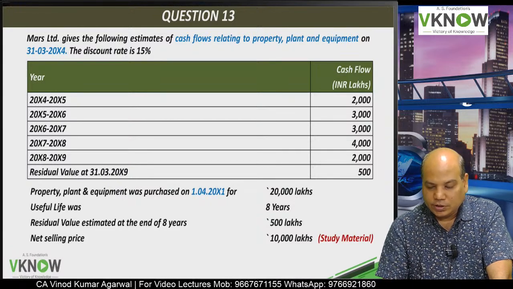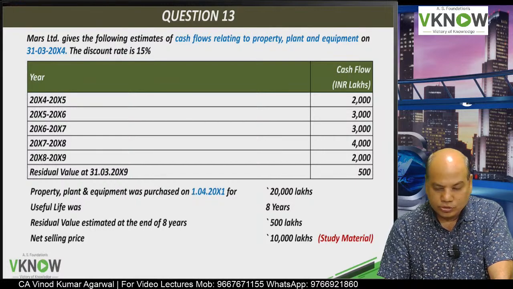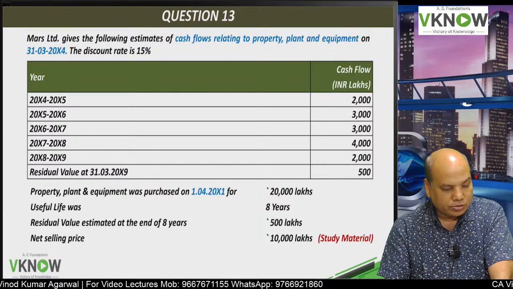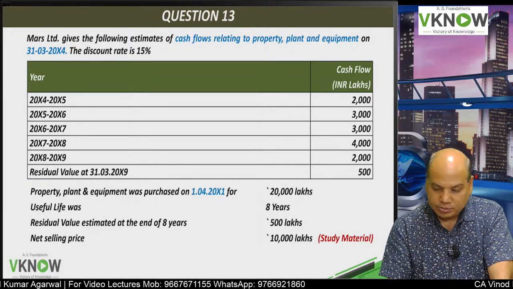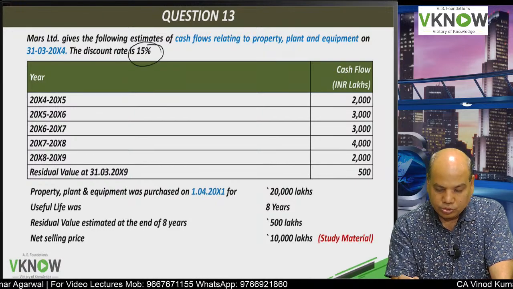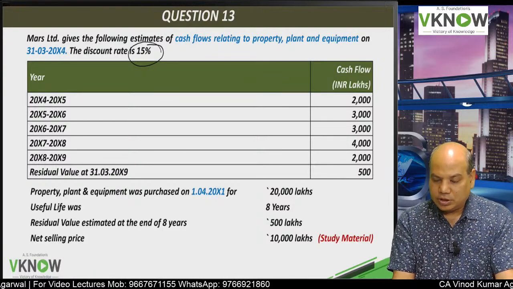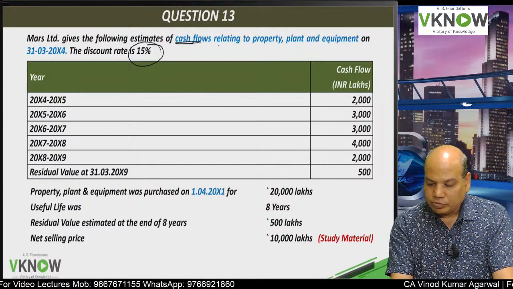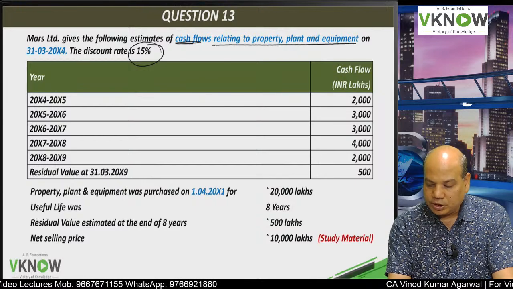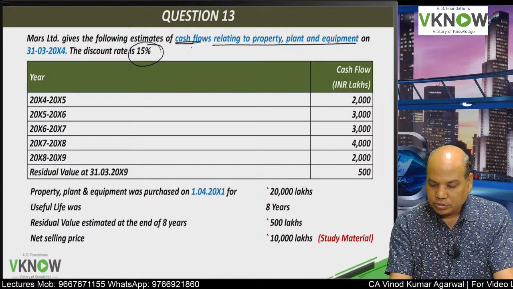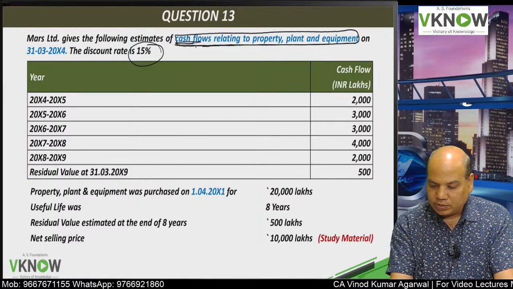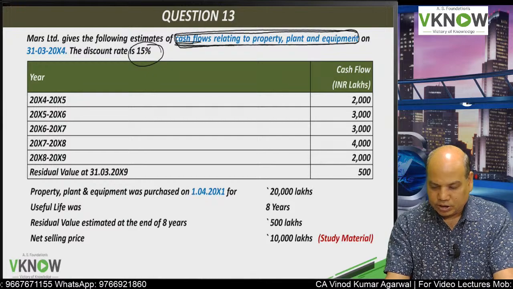Mars Limited gives the following estimate of the cash flows relating to property, plant, equipment on 31st March 20x4. The discount rate is 15%. I am going to use 15% as discount rate, and this is cash flow relating to property, plant and equipment. Underline, cash flow relating to property, plant and equipment.